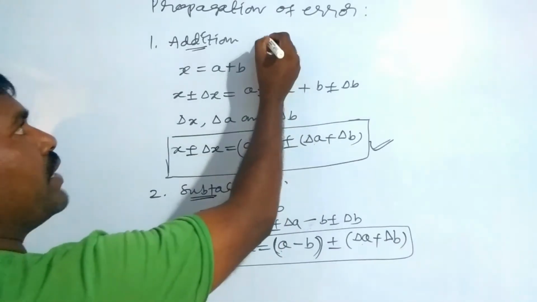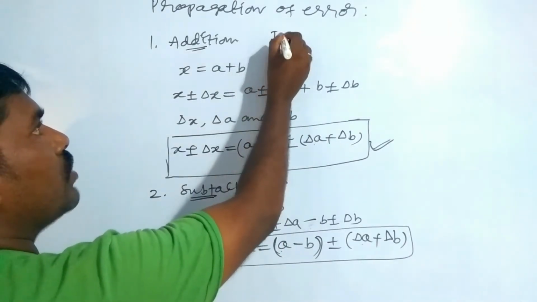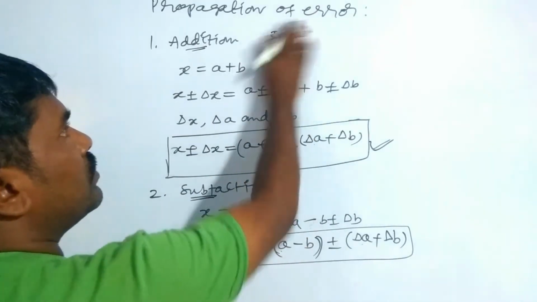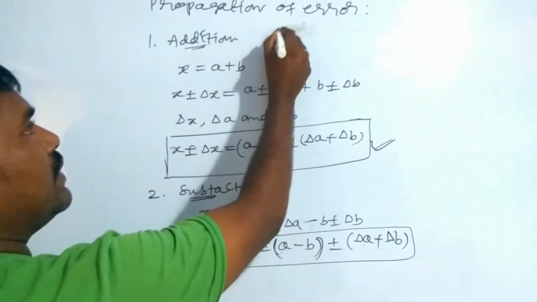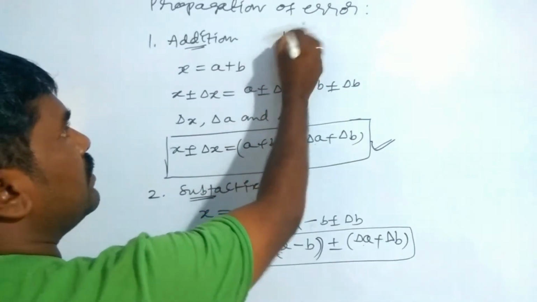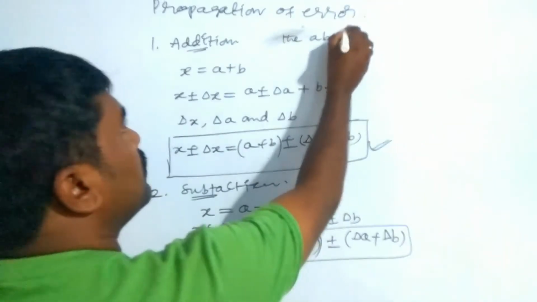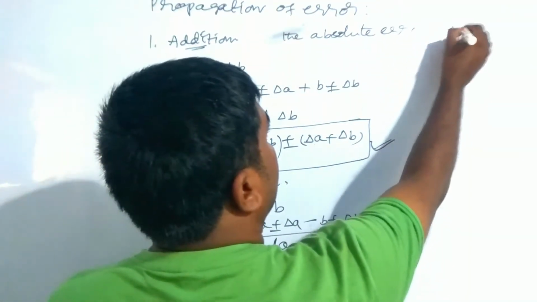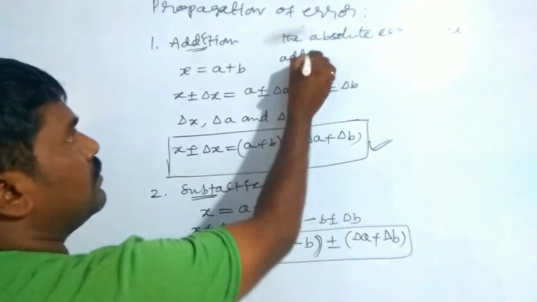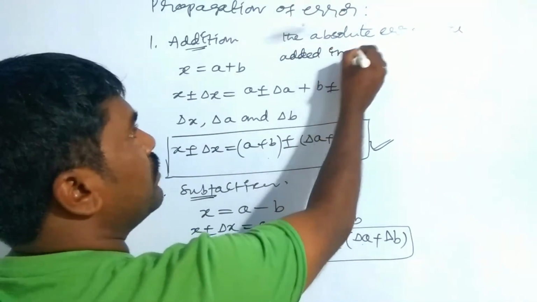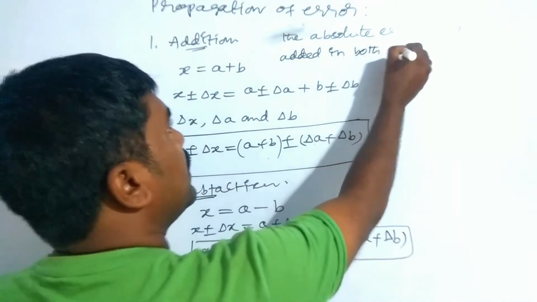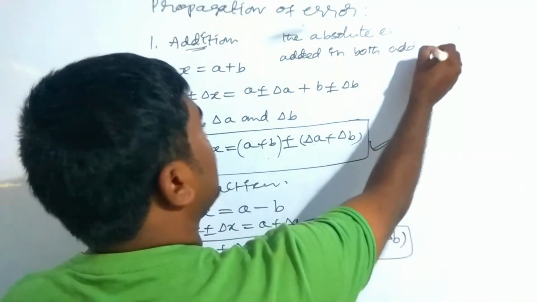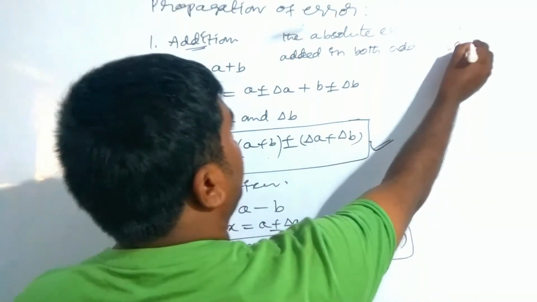So the point to remember: the absolute errors are added in both addition and subtraction.